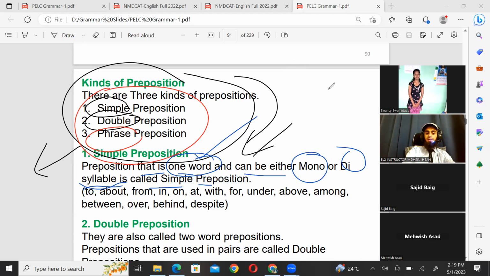Now, what is meant by syllable? Anyone? Yes. What is meant by syllable?